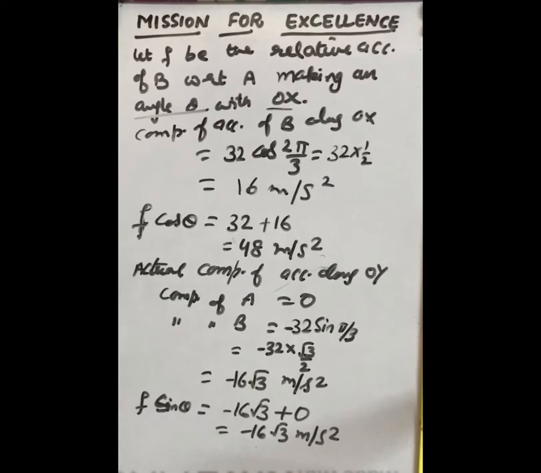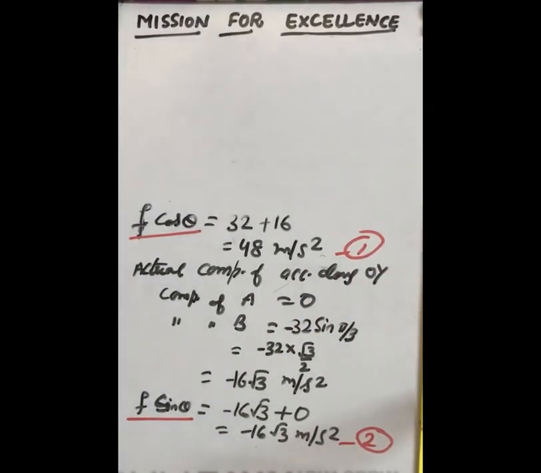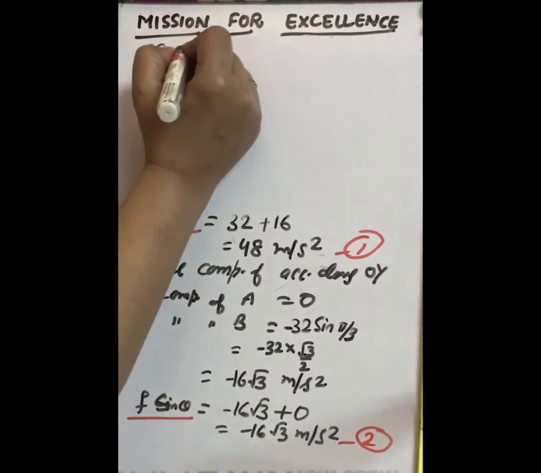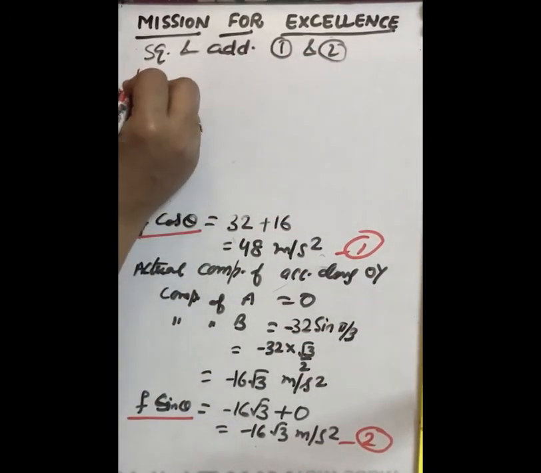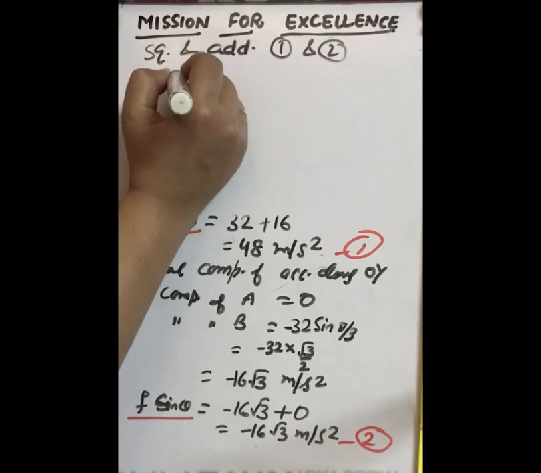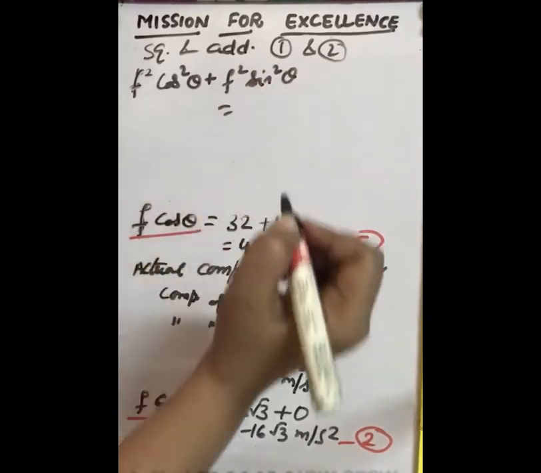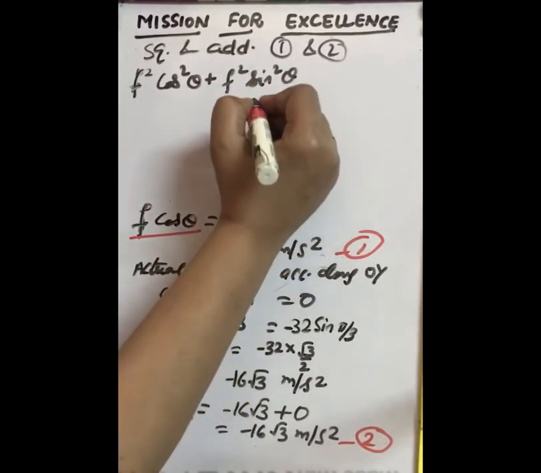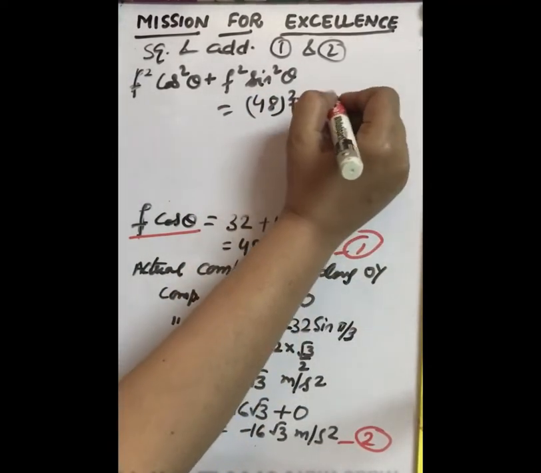So now we have got the two components of acceleration, F cos theta and F sine theta. So we will now square and add, and then divide these two equations. Let us take this as equation 1 and this as equation 2. So squaring and adding equations 1 and 2, we get F square cos square theta plus F square sine square theta equal to 48 square plus minus 16 root 3 square.